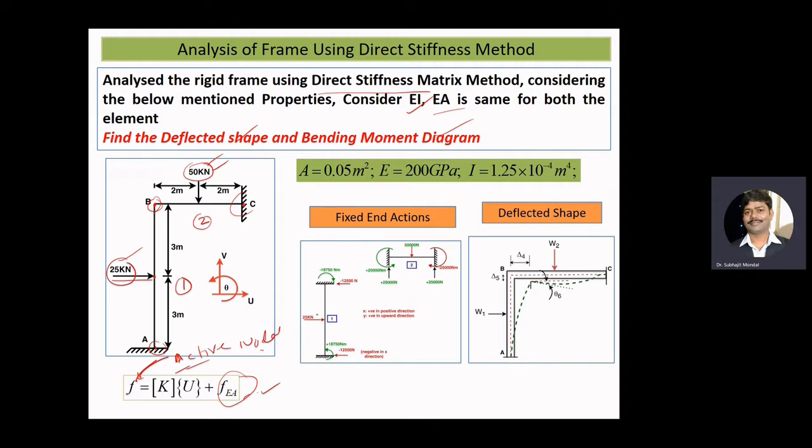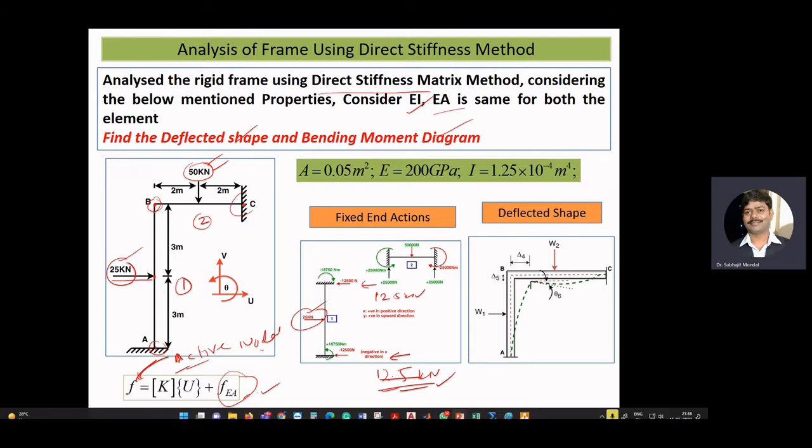So here you can see we have a 25 kilonewton force acting there. The force that will be your fixed end force will act here in this direction. Since this force is acting at the midpoint, here we have 25 kilonewton force, 12.5 kilonewton force this side and 12.5 kilonewton force this side.